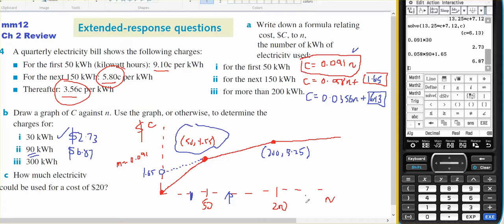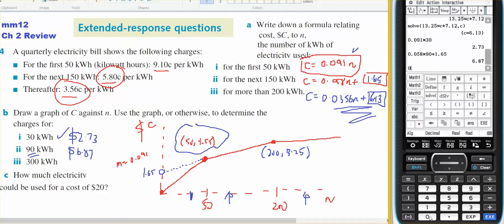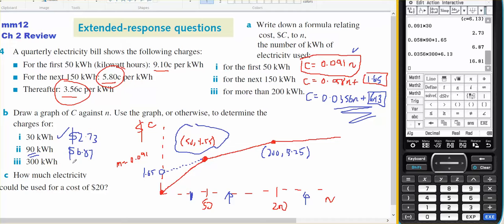And for 300 I would be over here, so I substitute into this rule here, which will give me 0.0356 times 300 plus 6.13. And that's going to give me a total cost of $16.81. How much electricity would be used for $20?